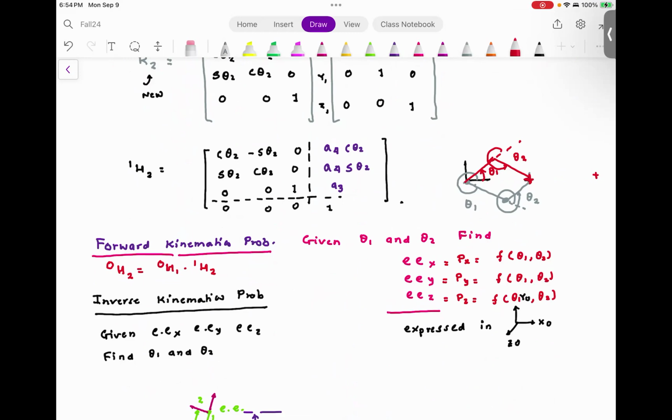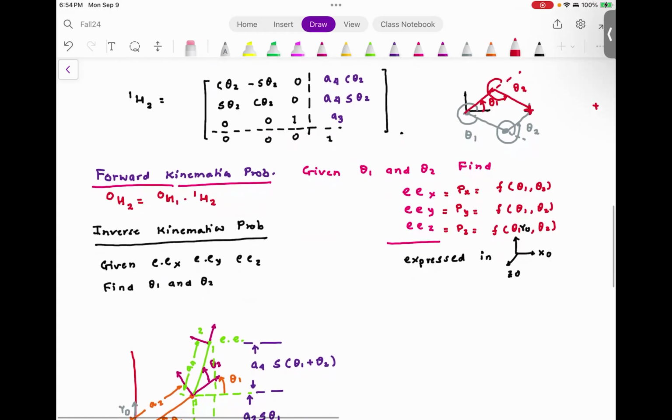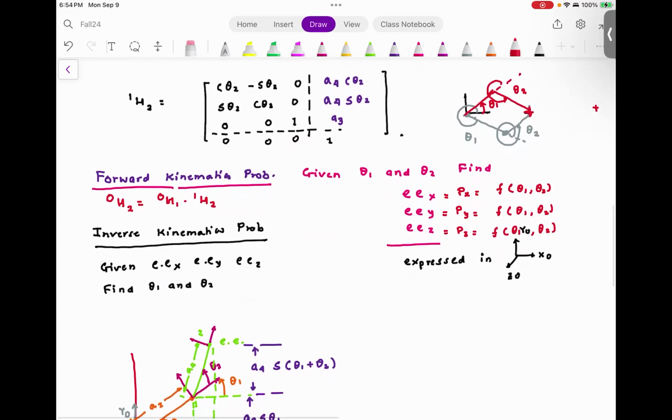Everyone understood this? So you can have a 100-degree of freedom robot and you can just use the homogeneous transformation to solve that robot. After we solve forward kinematics, we get the forward solution: given the joint angles, find the end effector position. The inverse problem is, given the end effector position, find the joint angles.